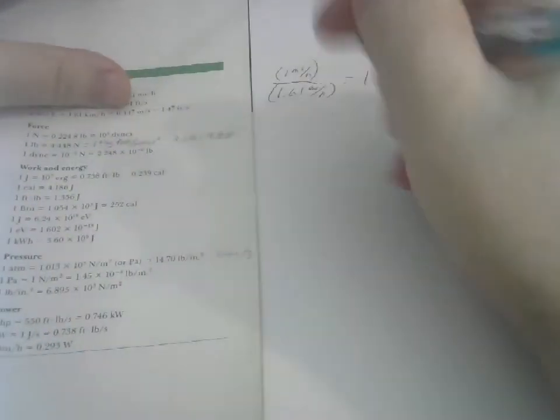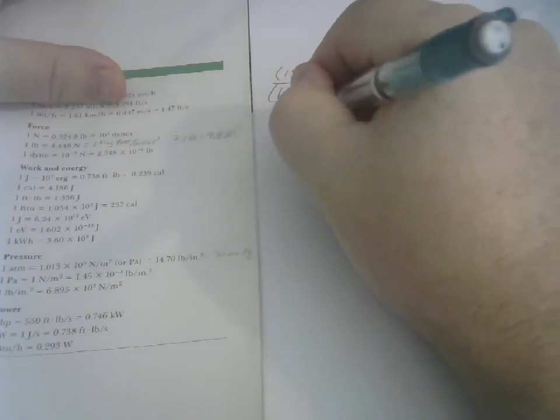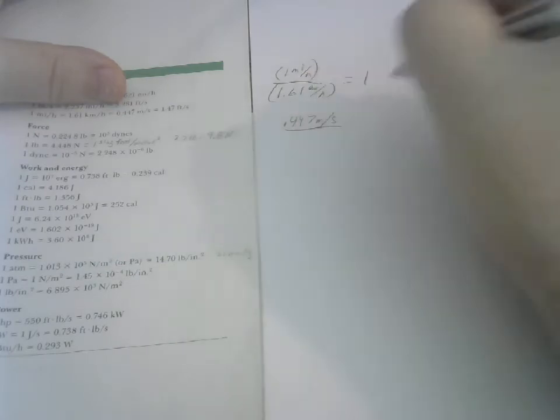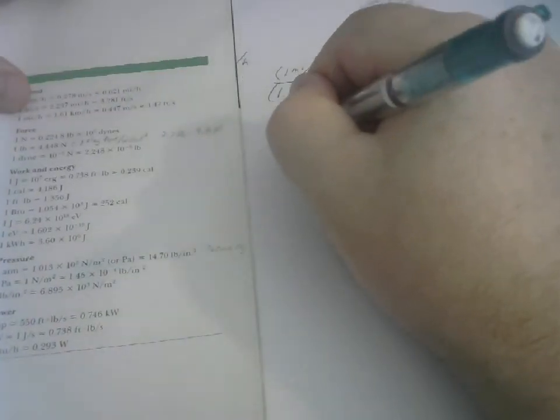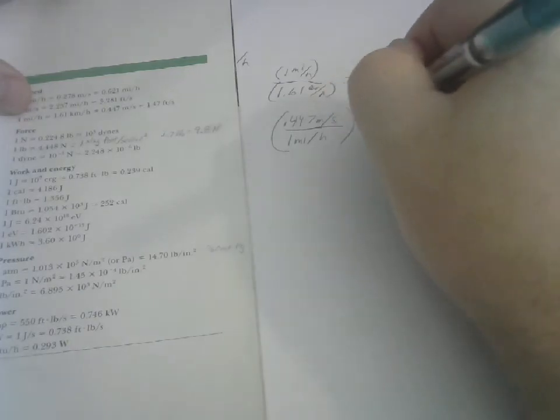I should use the meters per second, shouldn't I? Let's do this. Let's say 0.447 meters per second over 1 mile per hour equals 1.